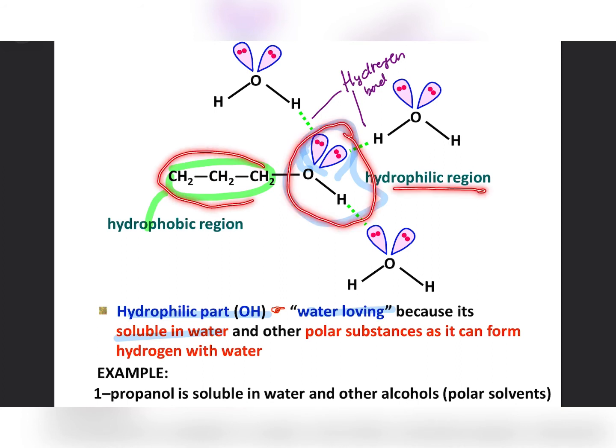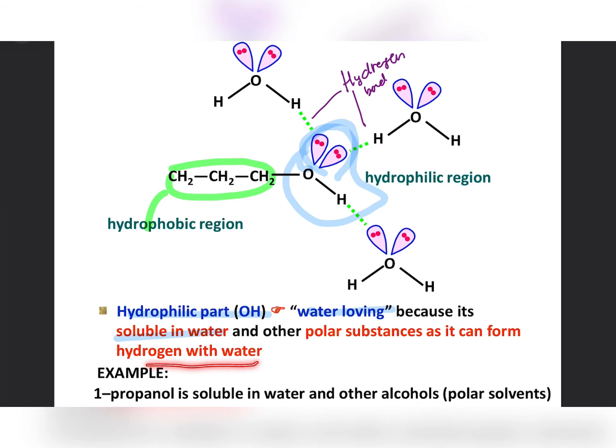Hydrophobic region ni dia akan stay dekat situ. Dia tak akan buat hydrogen bonding dengan water molecule. So you can see here, hydrophilic part adalah water loving. Dia larut dalam air, soluble in water, and other polar substance as it can form hydrogen bond with water. So for example, you have here tadi 1-propanol is soluble in water because ini dia ada 3 carbon je.